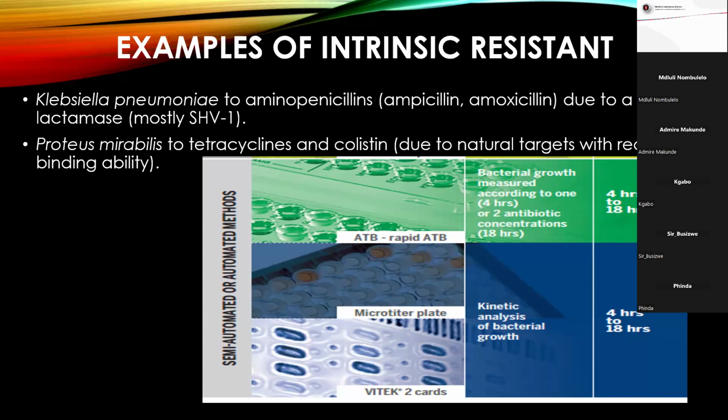So that's where you need sequencing or PCR to demonstrate the presence of certain genes which promote resistance. Then also one of the common ones to consider, let's say Proteus, is naturally resistant to tetracycline and colistin.